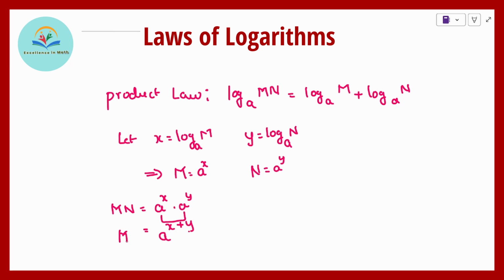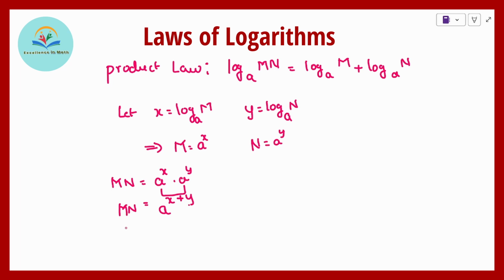So we have come up with an exponential equation, that is mn is equal to a power x plus y. We will try to write the logarithmic version of this. So we can write this as log mn base a is equal to x plus y.